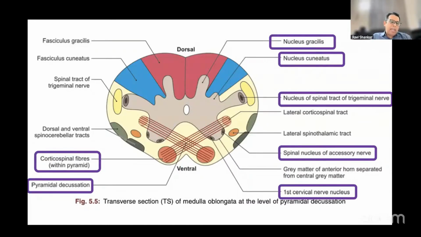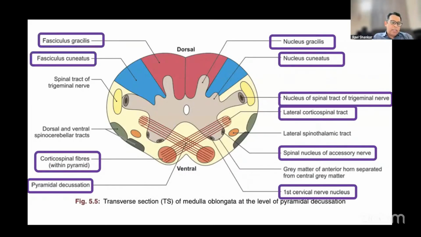In the pyramidal tract decussation, fibers from the pyramid run backward and laterally to reach the lateral white column of the spinal cord to form the lateral corticospinal tract, which is the structure that is seen in spinal cord. This is the organization that will go down below in the spinal cord. Fasciculus gracilis and cuneatus occupy broad posterior white columns at this level.